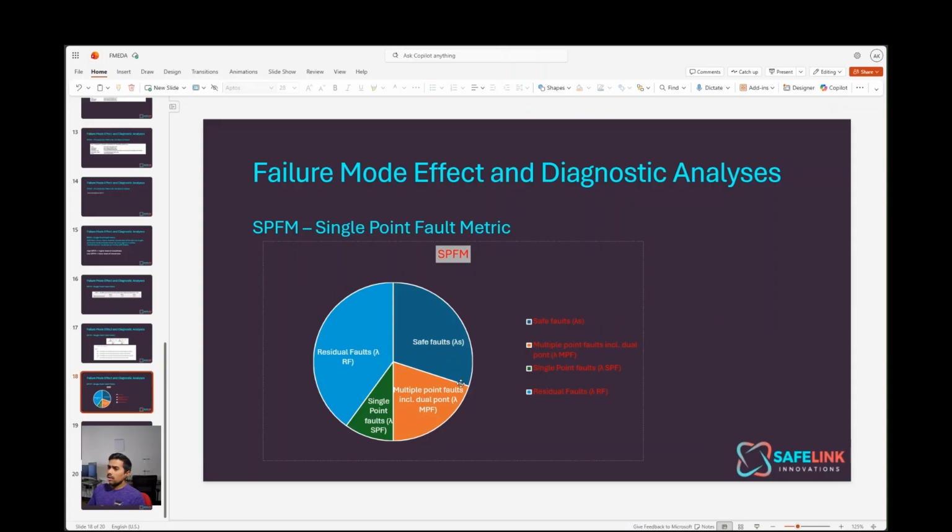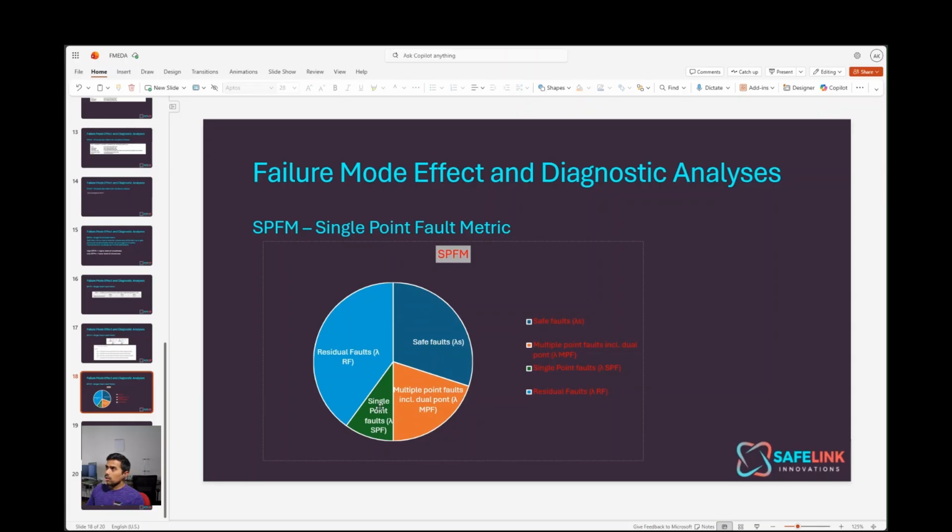Let's say, for example, we've identified that there is a certain percentage of faults that is safe, either safe by design or safe because it can be detected by a mechanism. We're going to call them safe faults, or lambda s, and this is represented by this section. Then you can have multiple point faults, which is two independent faults leading to a safety goal violation, and that is represented by this chunk.